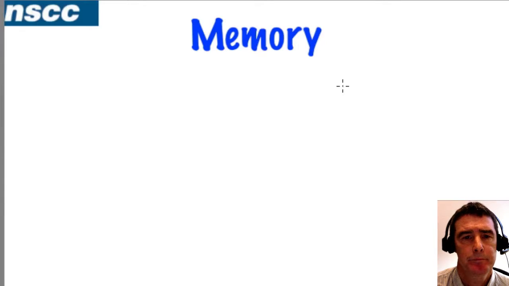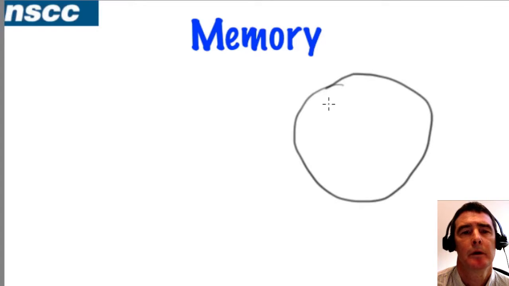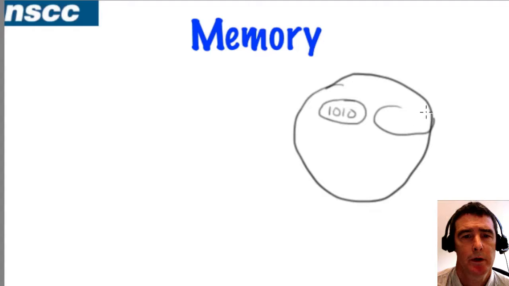Now, memory is this big thing here that stores basically a lot of numbers, a lot of binary numbers. So we're going to have a memory system in here, and our memory system is going to store 4 numbers.